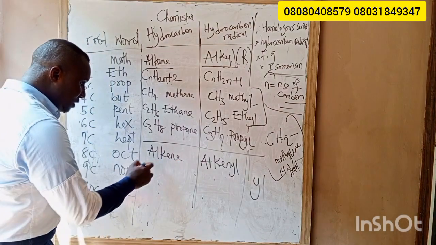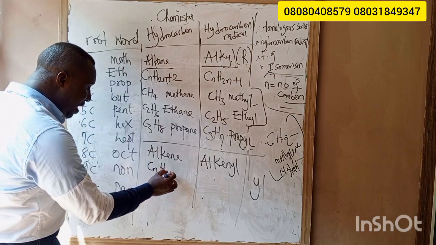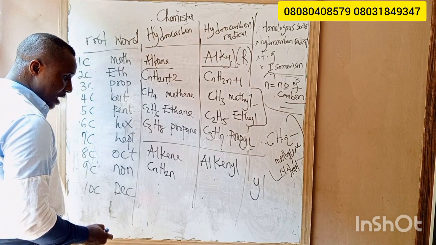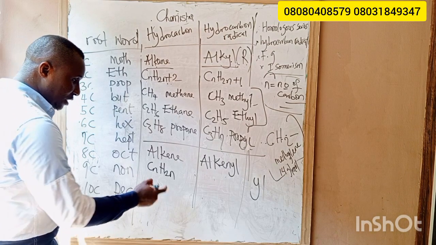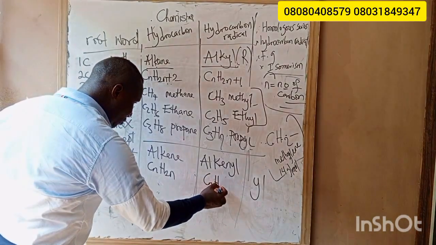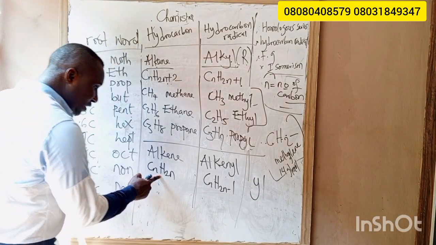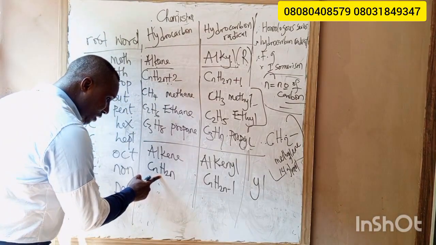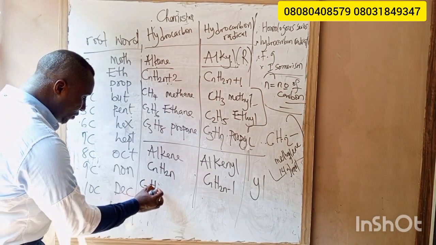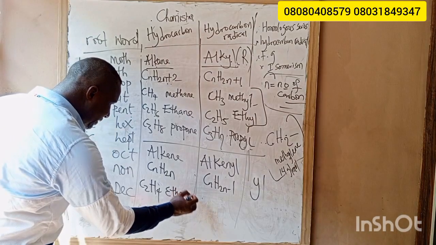For example, the general formula for alkene is CnH2n. Then what will be the general formula of this one? CnH2n-1. What is the first member? We have C2H4, which is ethene.